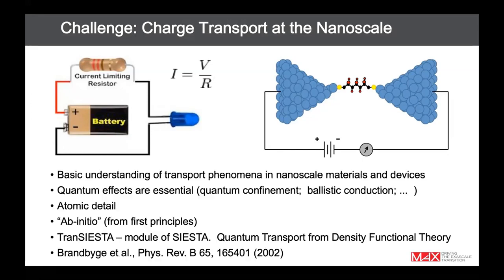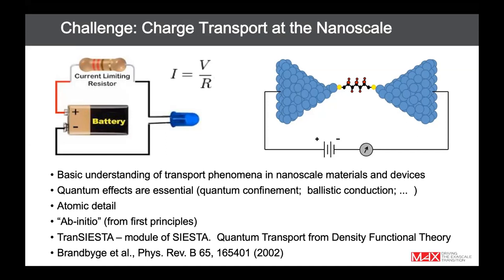It's quite complicated in many senses. We need basic understanding of the transport phenomena in nanoscale materials and devices. And that entails, first of all, dealing fully with the quantum effects. Quantum effects are essential. You have very small molecules or contacts, which means that you have quantum confinement. You have discrete levels of energy compared to the continuous levels of energy in a bulk metal or semiconductor.